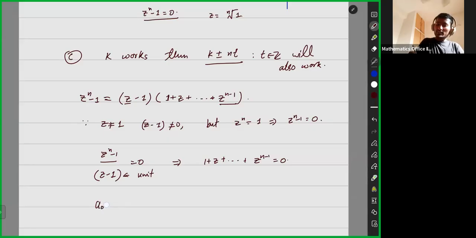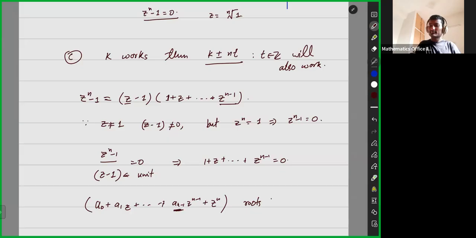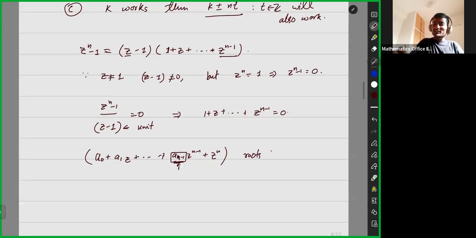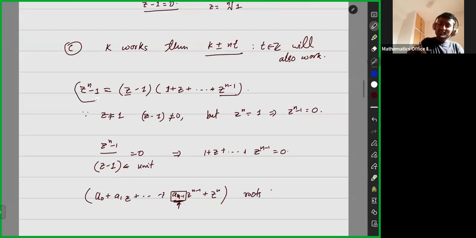So if you have a polynomial with coefficients a0, a1, and so on plus a n minus 1, z n minus 1 plus z n, then the sum of roots is minus a n minus 1. But in this polynomial, there is no term of z power n minus 1. So that's why it is 0.